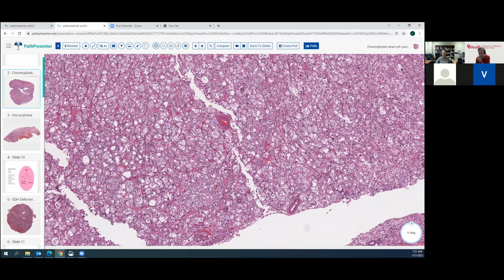The low-grade oncocytic tumors, I use those pretty much on core biopsy when I am not too sure whether it's an oncocytoma versus a chromophobe, and I would like for them to go ahead and resect. I'll use the terminology of a low-grade oncocytic tumor. Also, you can use that term when you're looking at patients that have multiple bilateral oncocytic tumors.